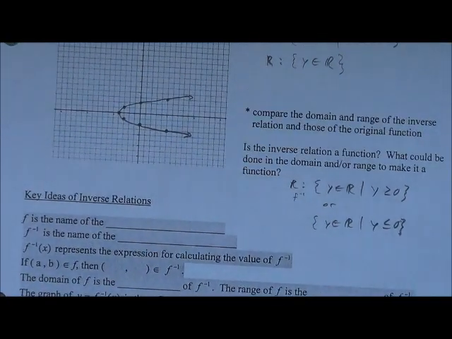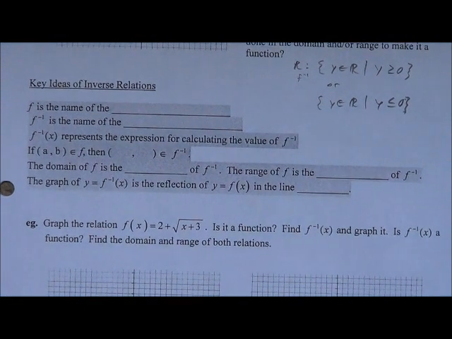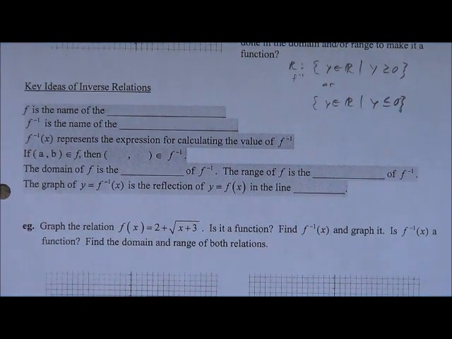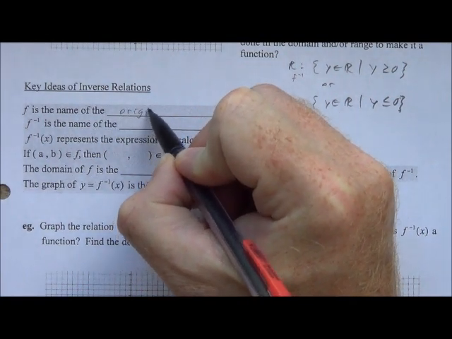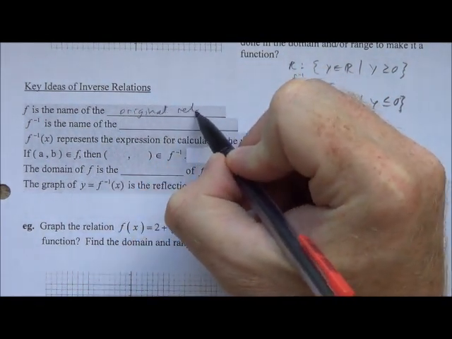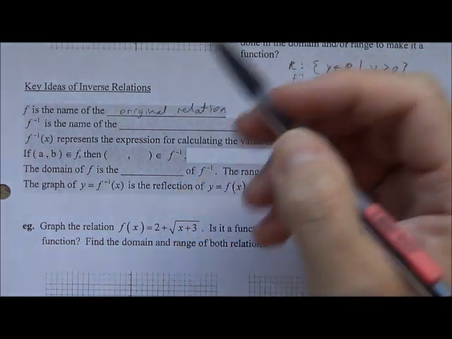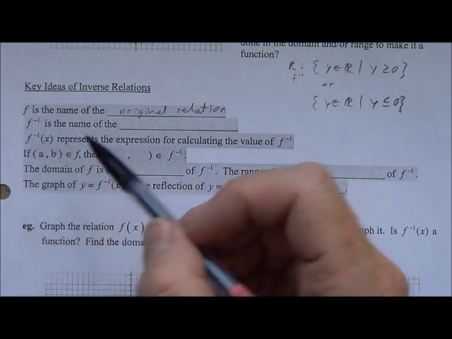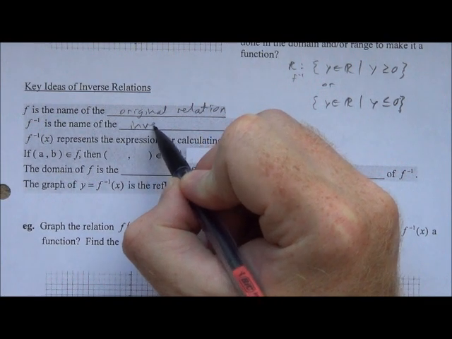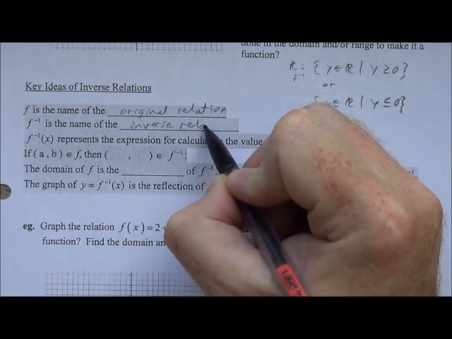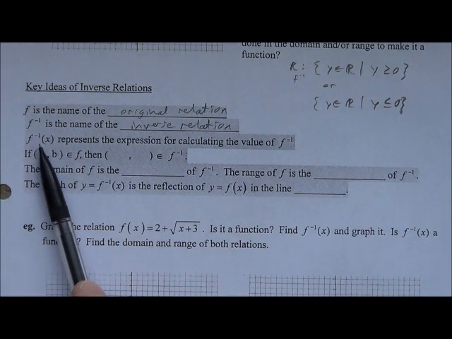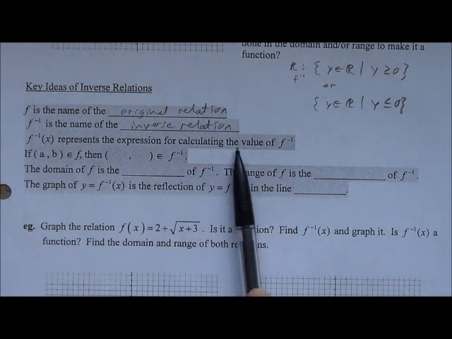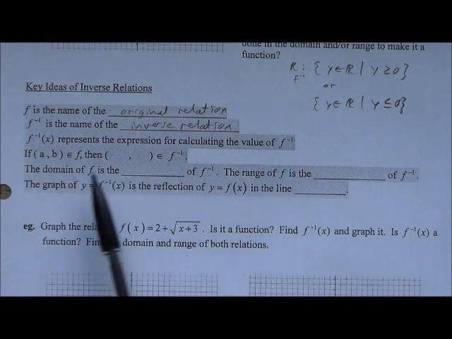Okay? Alright, so now let's take a look here at some of the key ideas of inverse relations. So f is the name of the original relation. f inverse is the name of the inverse relation. That makes sense. f inverse of x represents the expression for calculating the value of f inverse.